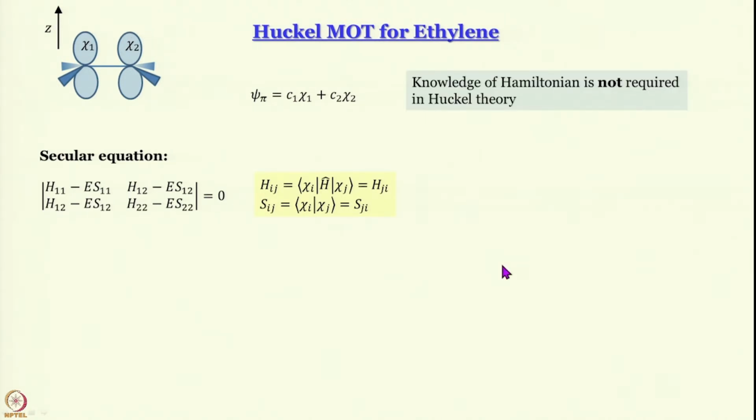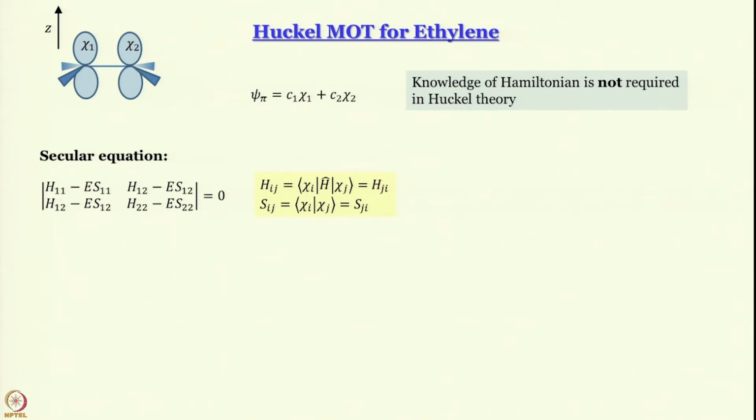Okay. And interestingly, knowledge of the Hamiltonian is not required in Huckel theory. So far the first thing we have been trying to do is to write the Hamiltonian in its analytical form. We do not have to do it. We do not need it in Huckel theory because Huckel theory is a semi-empirical theory. The Hamiltonian is required to find energy. Energy is determined from known experimental results.